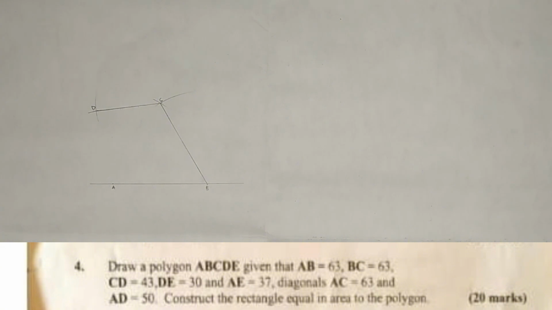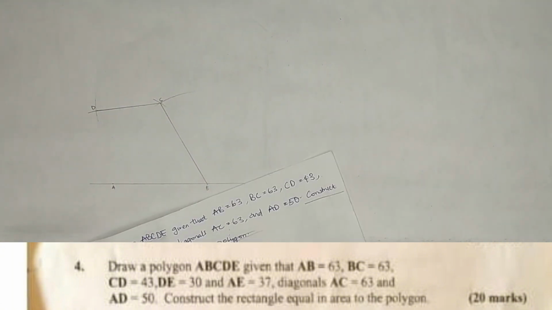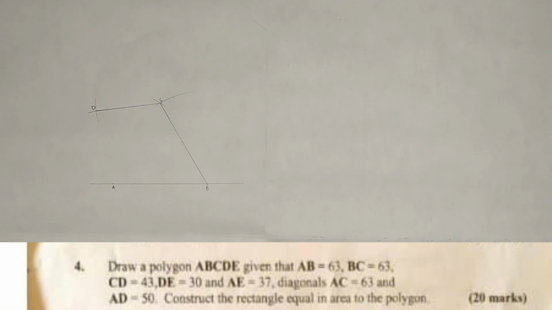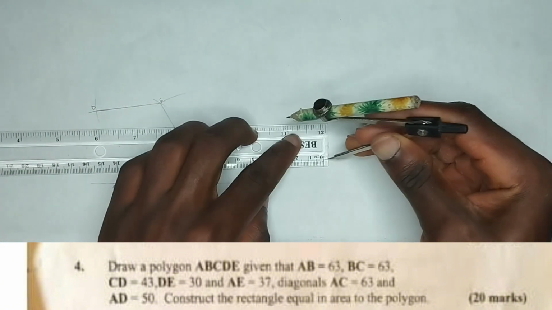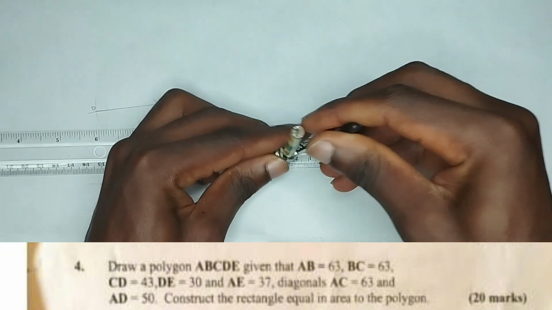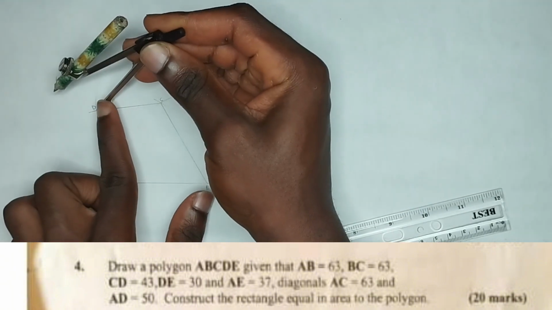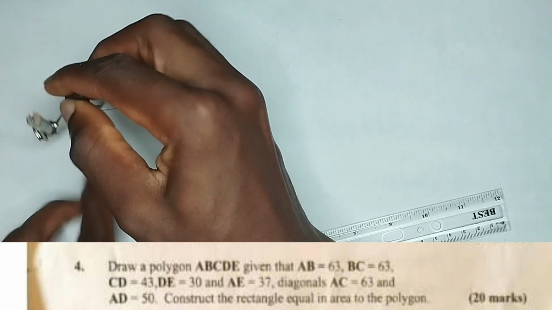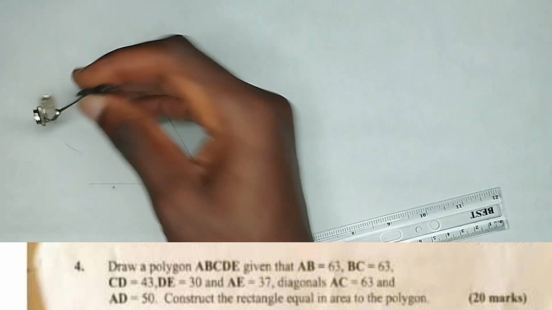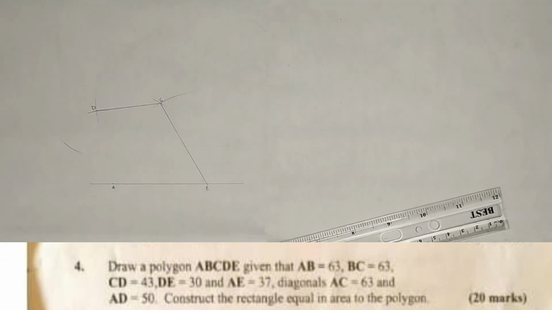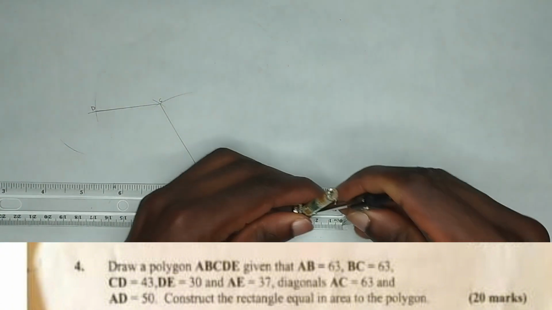So now we are to draw DE. DE is 30, so we are going to pick 30 millimeters. Strike an arc like this, and we have been told that AE is 37. So we are going to pick 37 also.